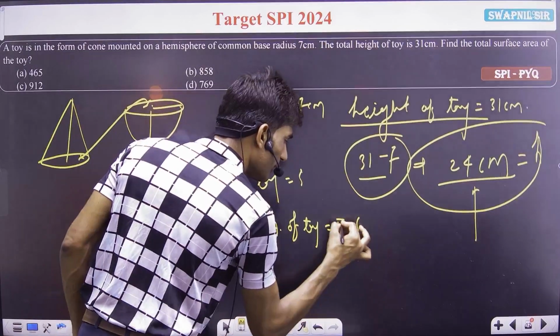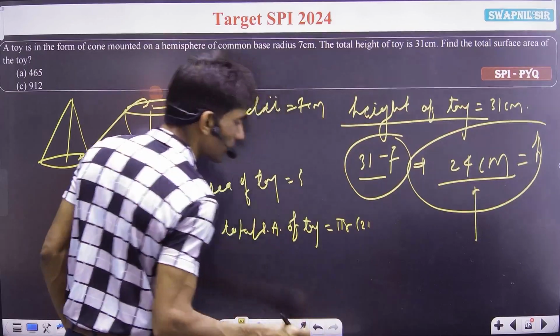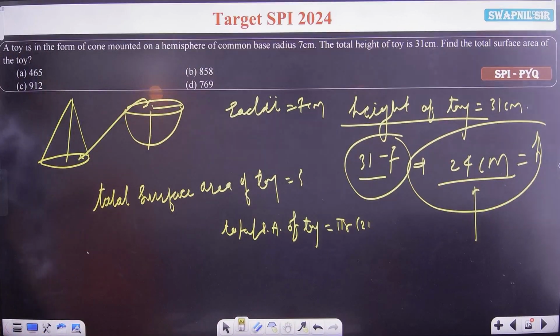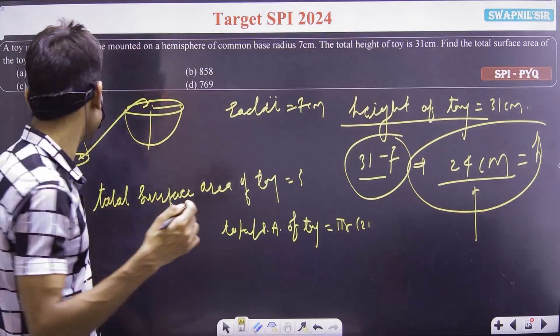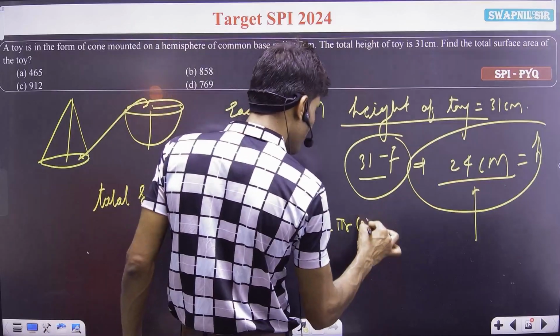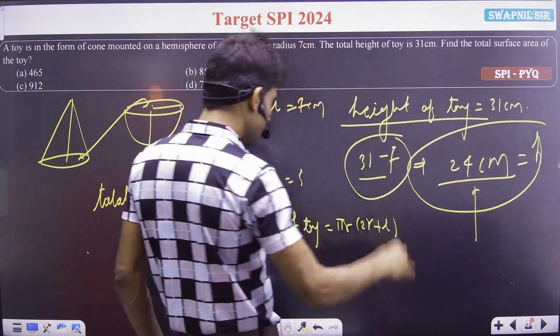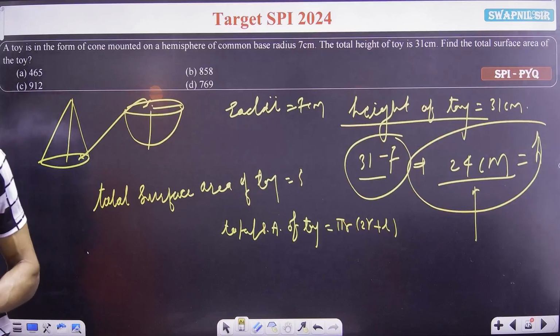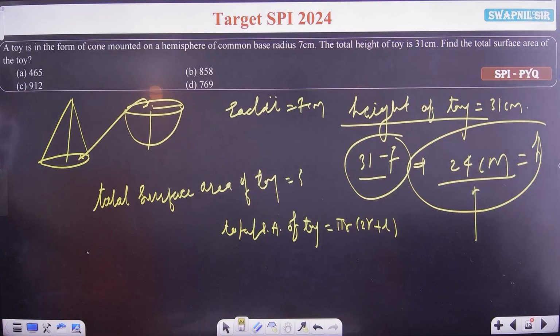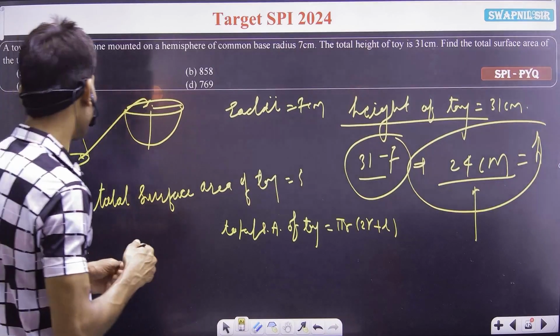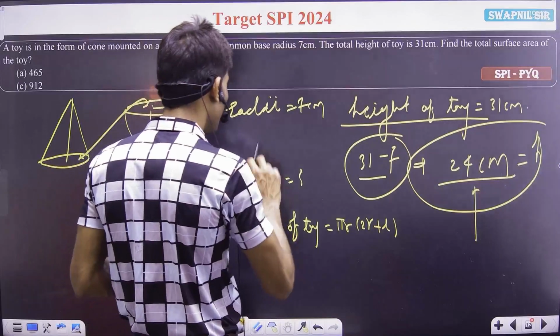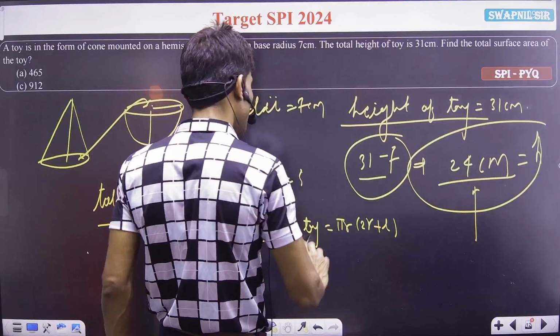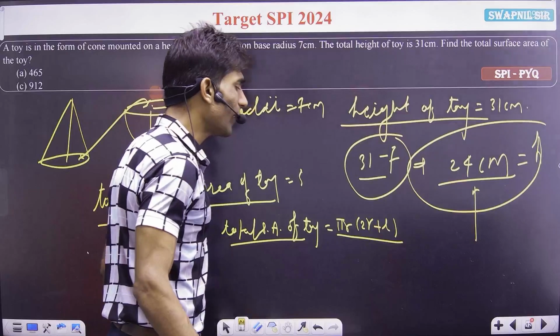We write pi r into 2r plus L. Okay, pi r into 2r plus L. This one is our total surface area for our given toy, which is pi r into 2r plus L.